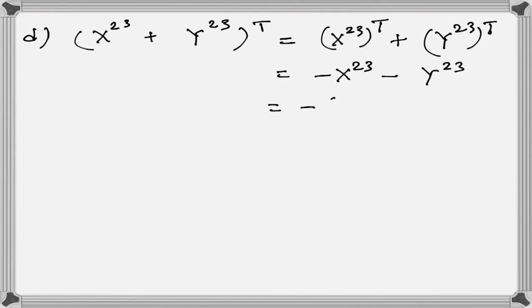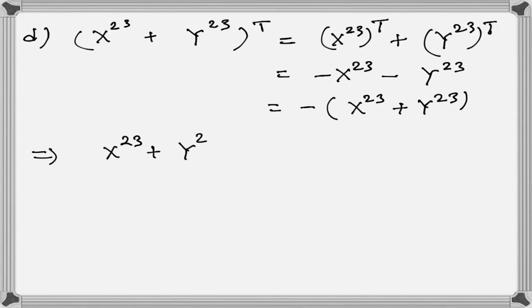So this is again minus times (x to the power 23 plus y to the power 23). So this implies that x to the power 23 plus y to the power 23 is a skew symmetric matrix.